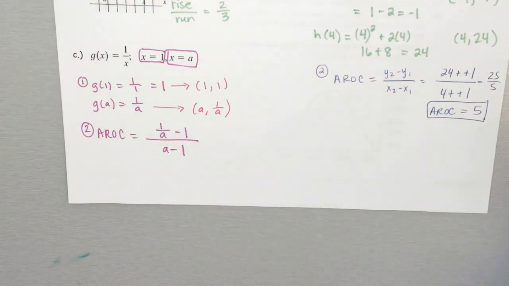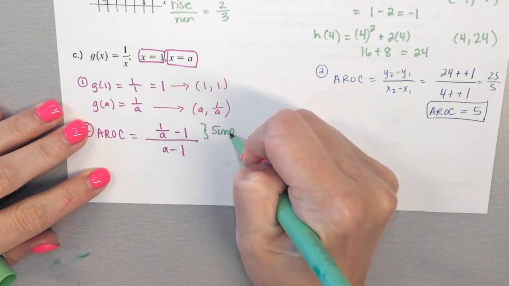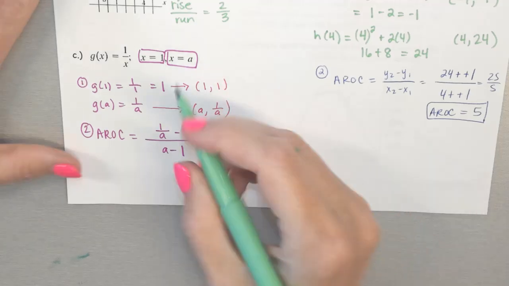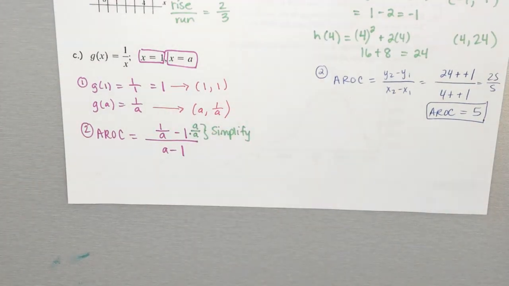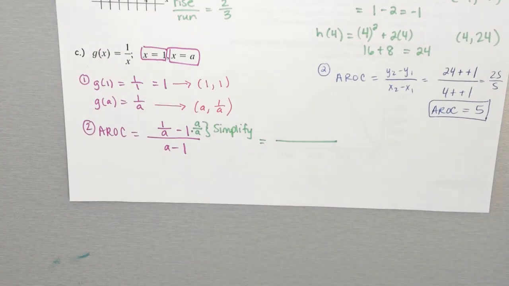What we have to do from here is simplify the numerator to one term. This is exactly what we did in 1.4. See how these skills are going to be building on each other? So now that we know how to do that, that should be second nature for us. We're going to get the common denominator, which would be A. And then can you guys write what that's going to be there?